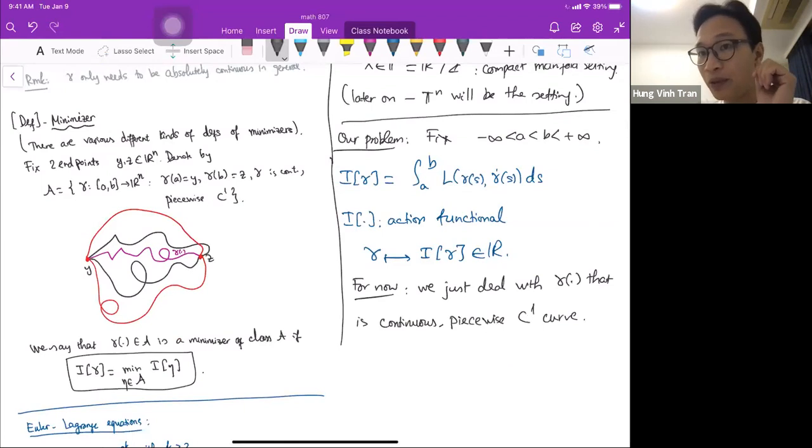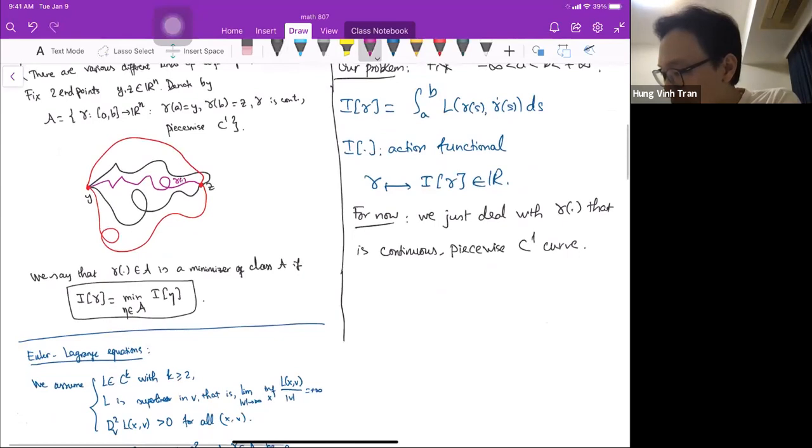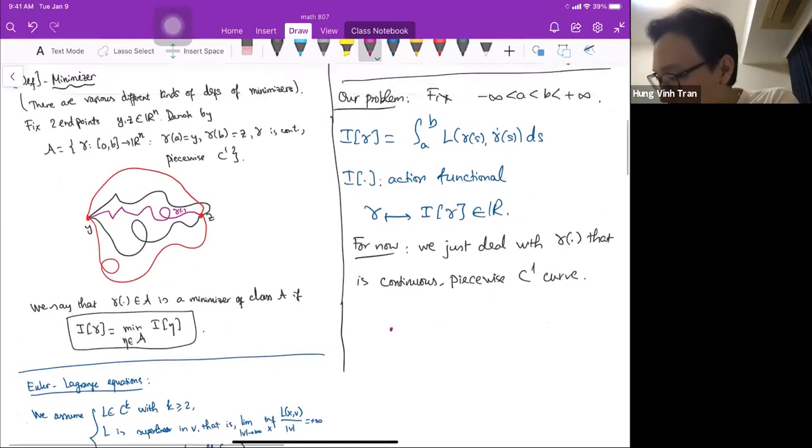So bear with me if you feel that this is not natural. I will explain to you why. But for now, the curves we are dealing with are basically like this: this is gamma of A, this is gamma of B. Your curve is pretty nice.